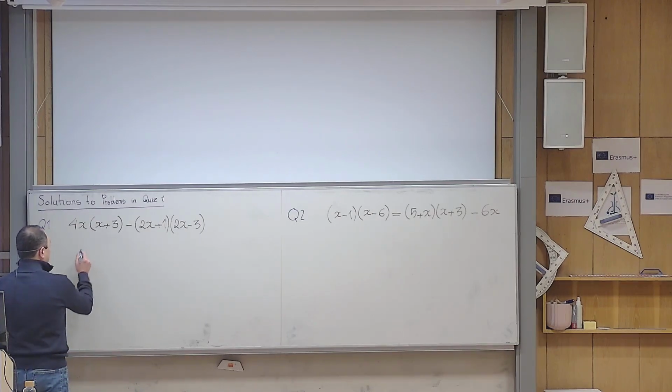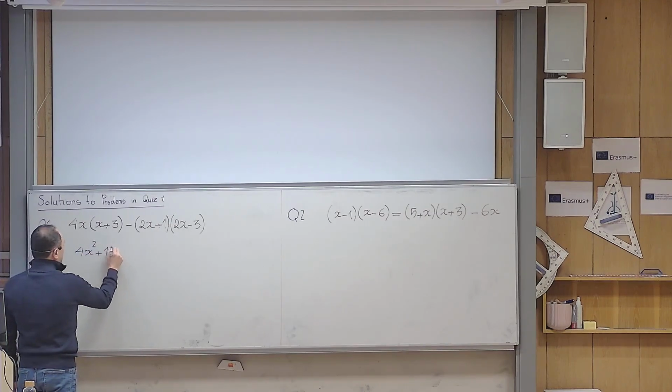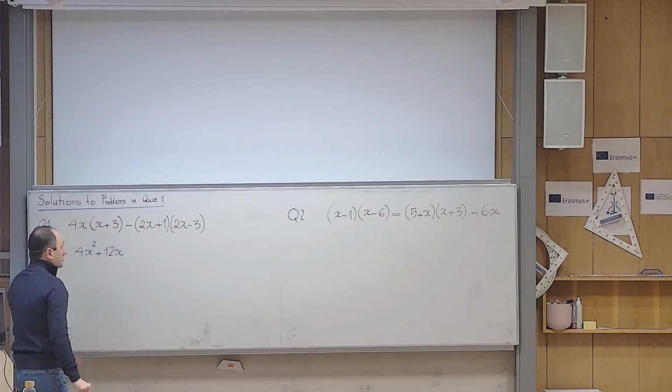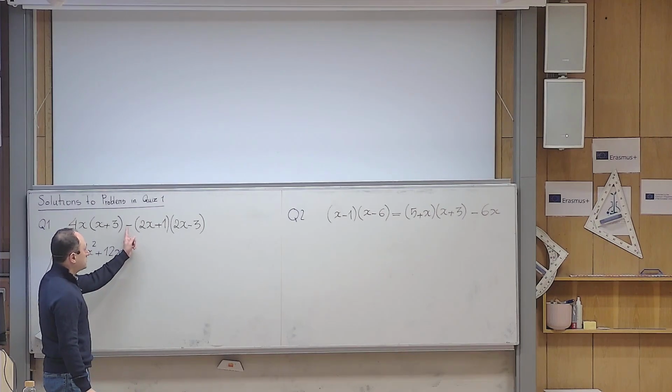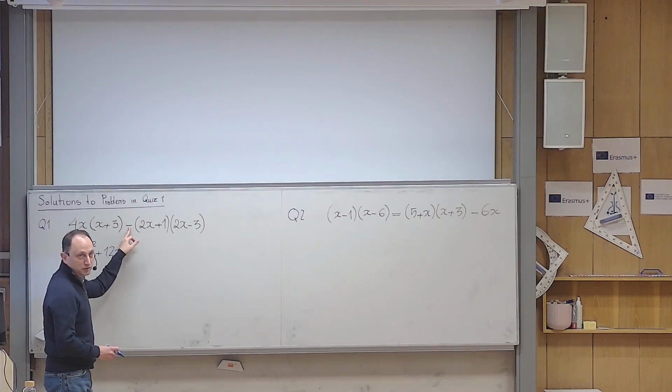So what I do, I start multiplying this in. So it becomes 4x to the power of 2 plus 12x. I don't know, still many of you missed the idea of this minus sign. I told you there is no way that I can teach you unless you decide not to make that mistake over and over again.